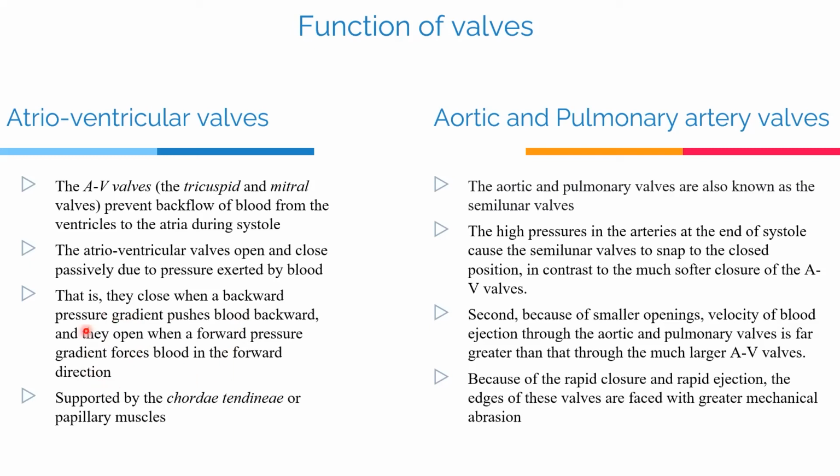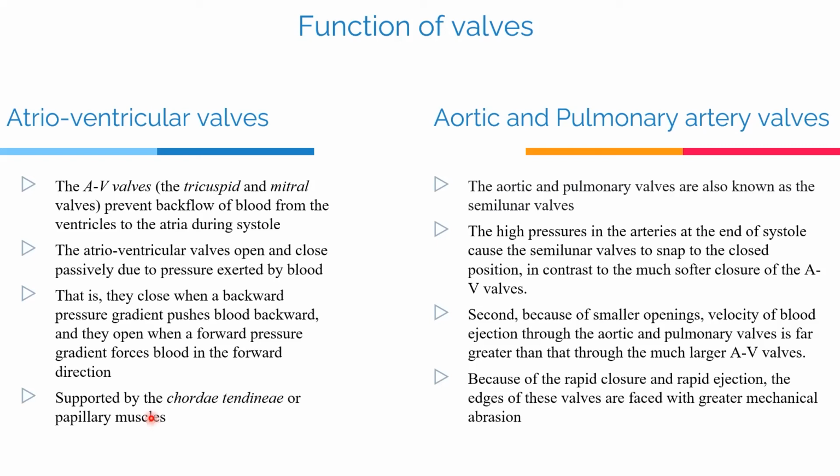So these AV valves can be thought of as a one-way door. When the door is being pushed from the correct side, the door opens, but when it is pushed from the opposite side, the pressure of the blood actually closes the door or the valve. And this is how they work passively. So it is the pressure of the blood that guides their opening and closure.